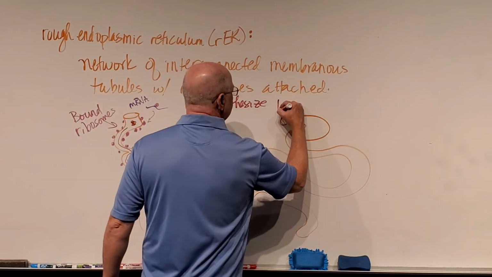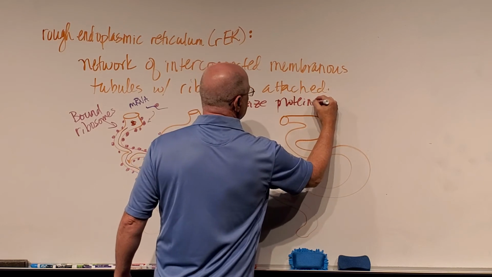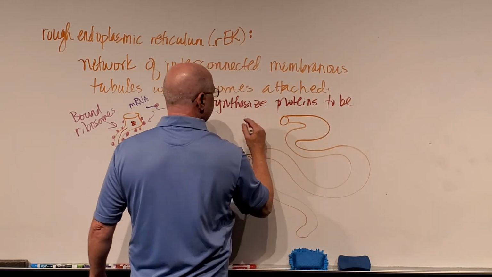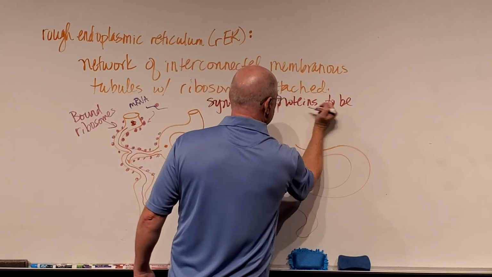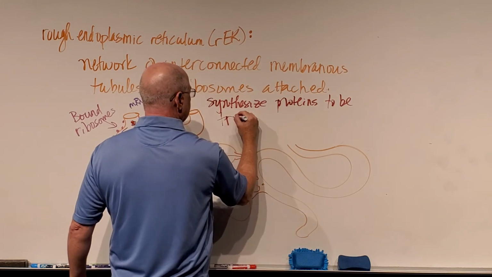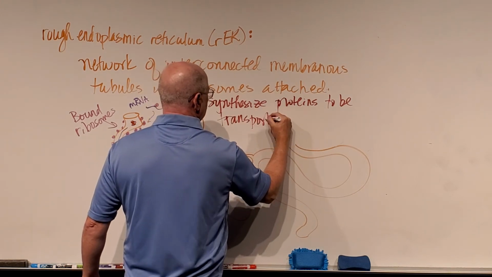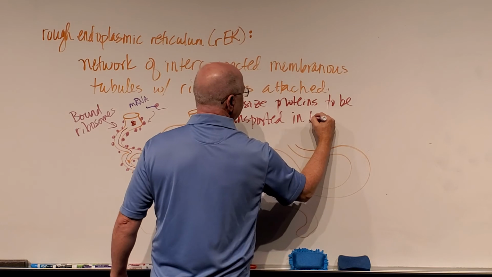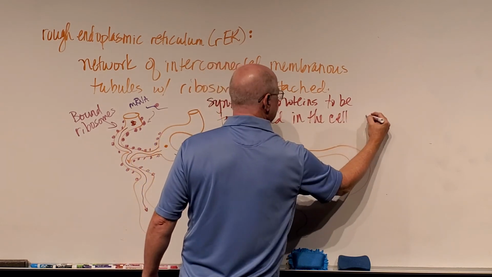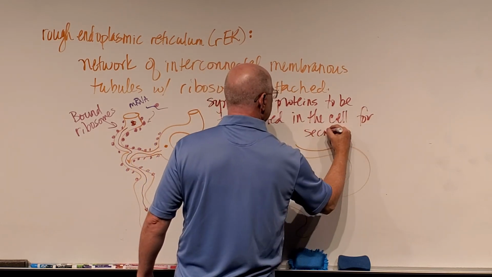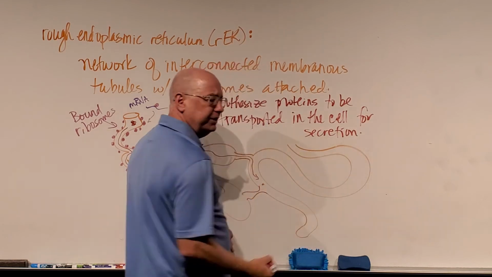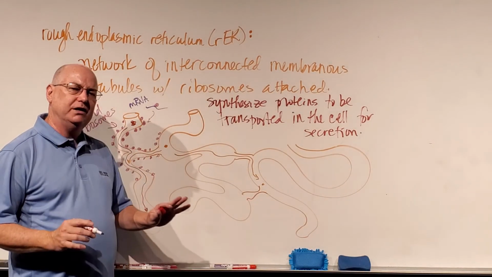But it can synthesize proteins to be transported. I'm going to erase part of this. In the cell for secretion. Now, this is not 100% accurate in all instances, but for now, we're going to keep it simple, okay?